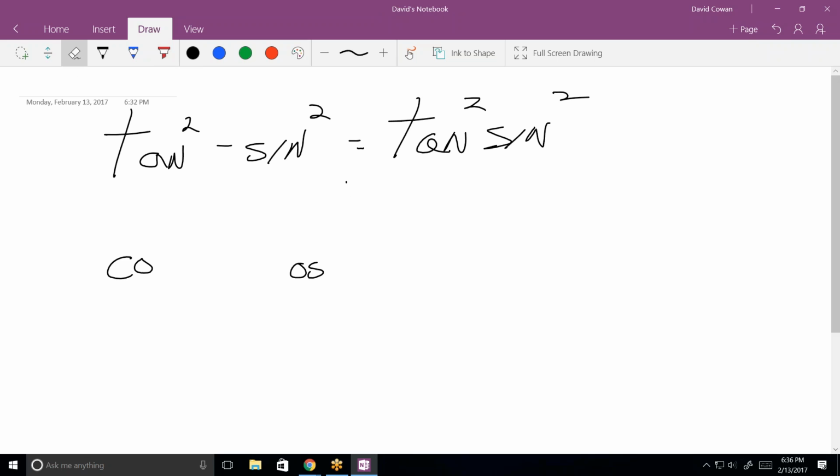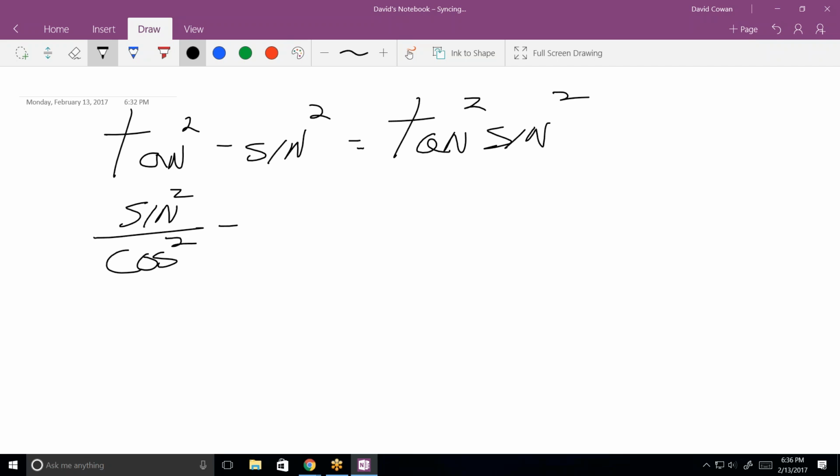If you run into one that you can't make work, always resort to the last effort, which is to turn everything into sines and cosines, which is not a bad idea here because we already have a couple of sines. So if we just turn the tangent into sine over cosine, that might be the best thing to do.